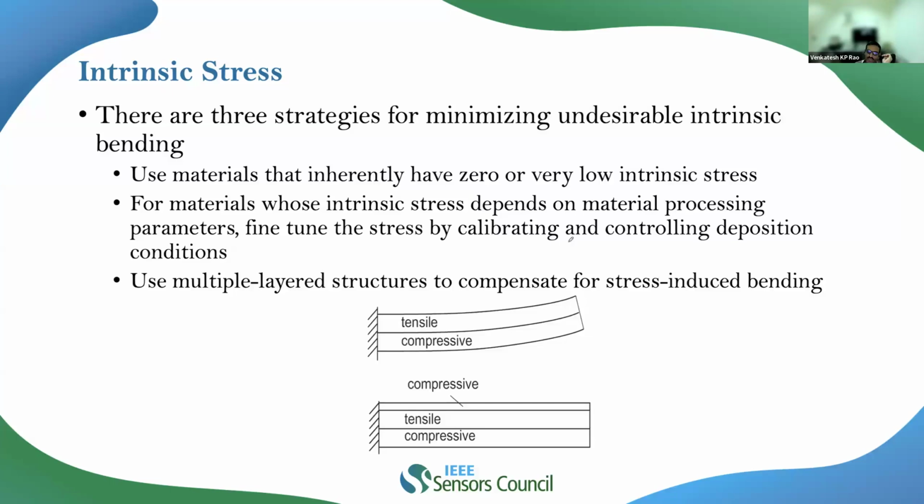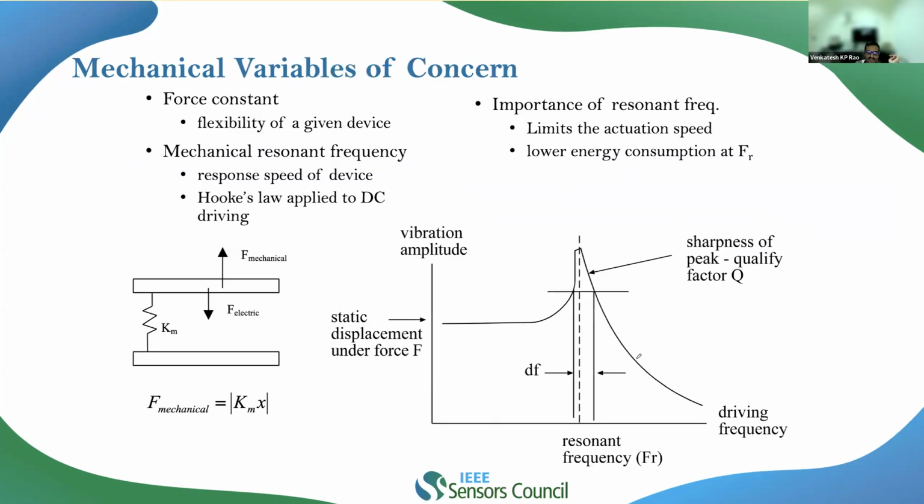Now, as I told you, if the deposited material has tensile stresses, it will curl up. Now, let us say that I want to reduce this curling. What you can do is further deposit another material which can induce compressive stresses, and you can even make your devices flat.